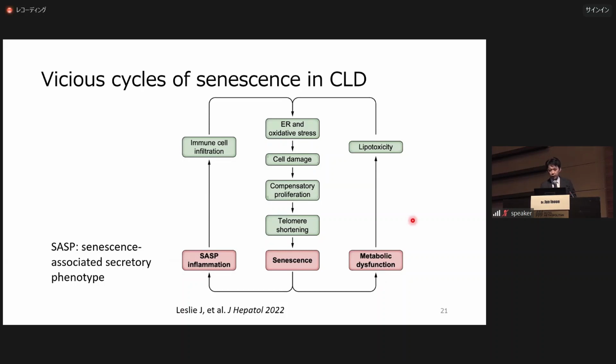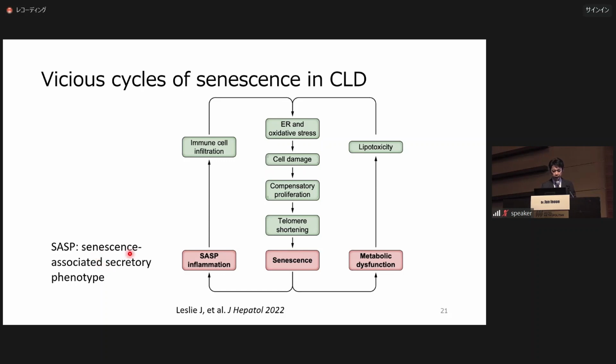In chronic liver disease, a vicious cycle of senescence is formed. ER and oxidative stress induce cell damage, compensatory proliferation, and telomere shortening, leading to senescence. Senescence induces SASP inflammation.